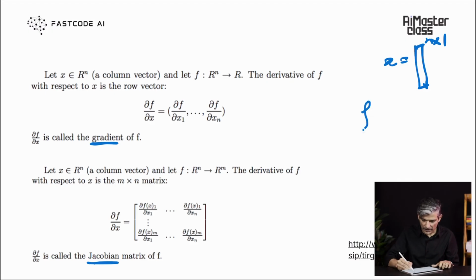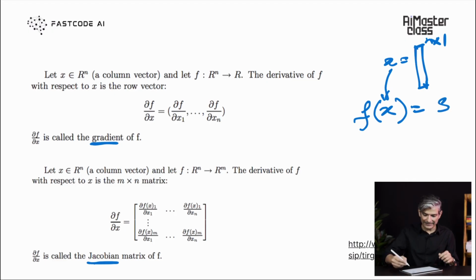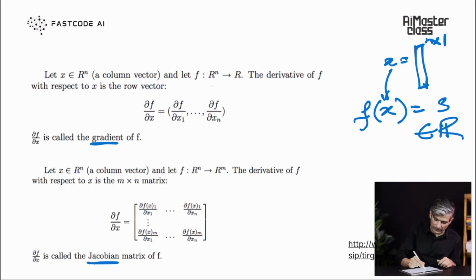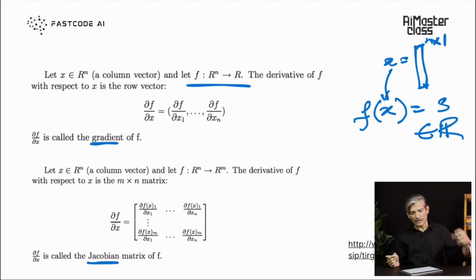So let f be a function that takes in this x, and what does it give? It gives a real number, a scalar. So let's say it gives us some s, and this s belongs to R, like we have written here. So f essentially takes this x, which is an n-dimensional real vector, and gives us a real number.